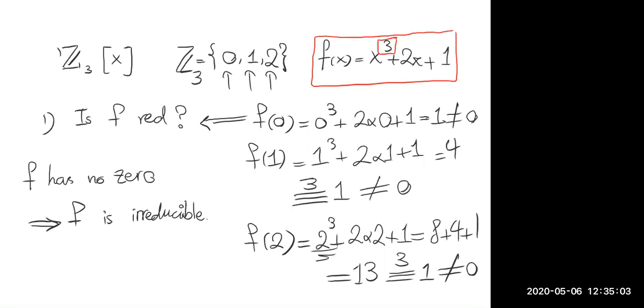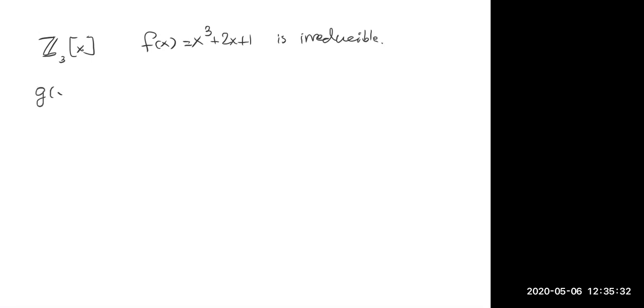Okay, so this function f of x is irreducible. Now, let me erase some of these. So we are in Z3 of x, and f of x equals x cubed plus 2x plus 1 is irreducible. Now consider another polynomial. Let's say g of x equals x squared plus 1.